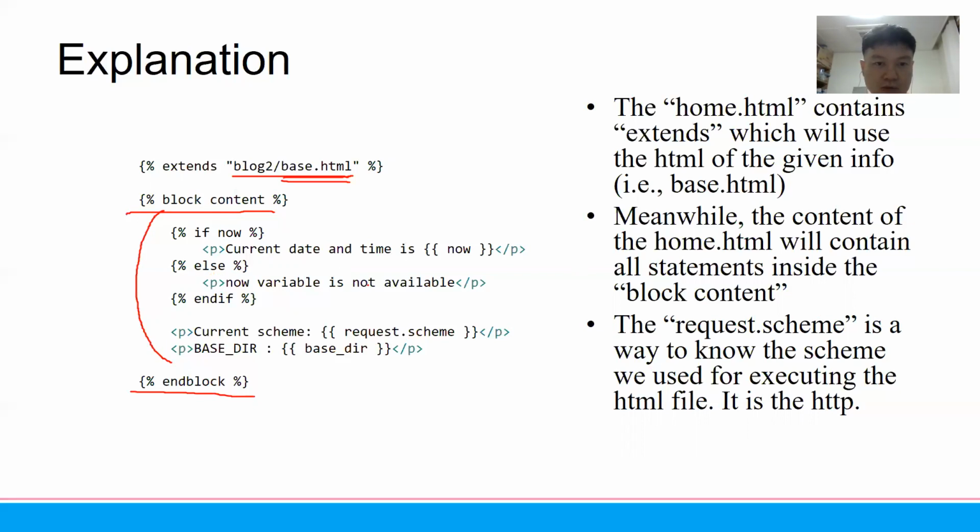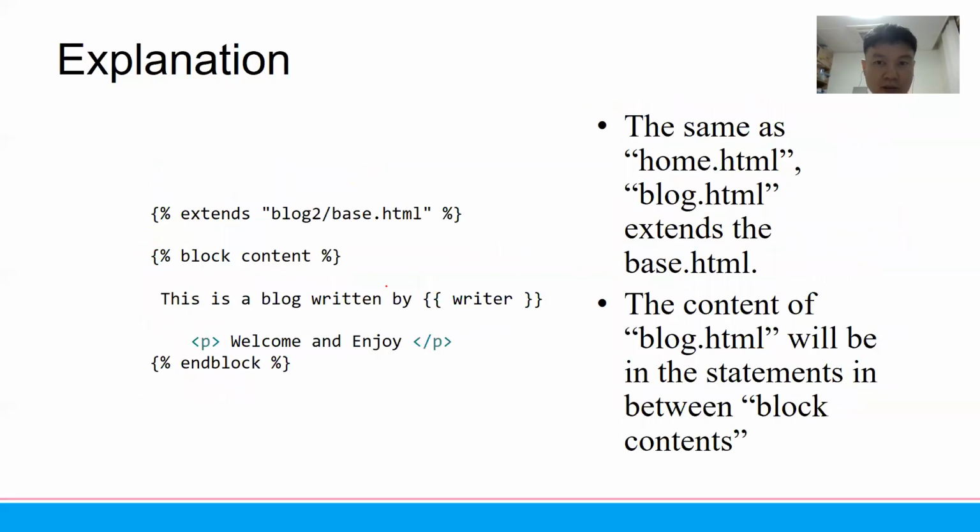And the next one is about the block.html. This block.html is also the same thing. You are going to extend the base.html, which means the navigation bar is the same and the footer is the same, but the only difference is the block content.